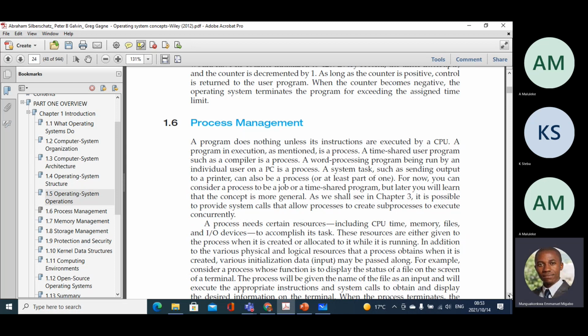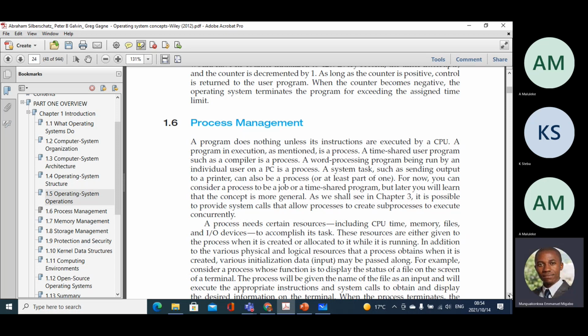A time-shared user program, such as a compiler, will be seen as a process. A word processing program, such as Word or Notepad, that is being run by an individual user on a PC is also a process from the moment it's running. A system task, such as sending output to a printer, can also be a process. So processes can be both user instructions or even system instructions.